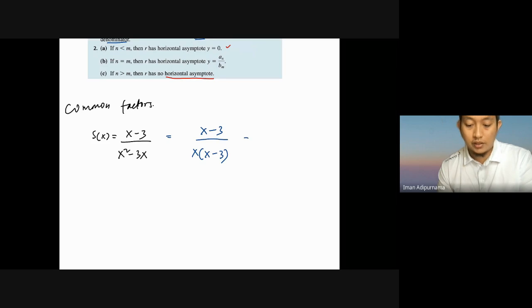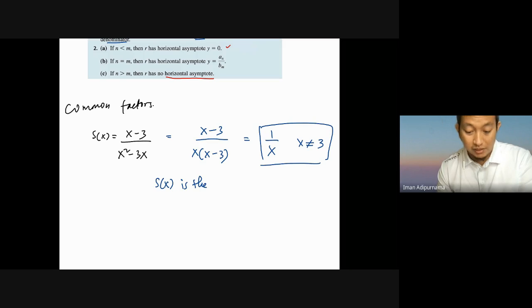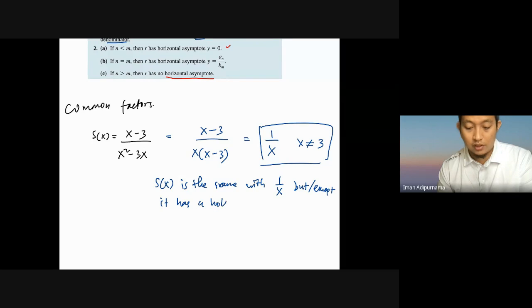And actually we can write this as 1 over x, but x is not equal to 3. So it means that R(x) is the same as the function 1 over x, except it has a hole. It's different. It has a hole at x equals 3.